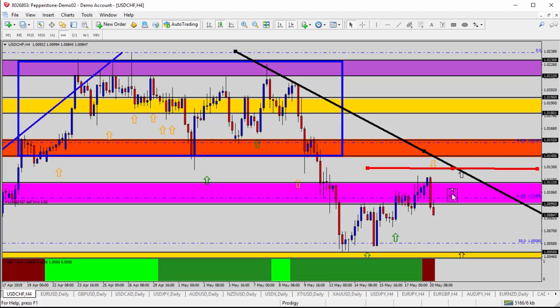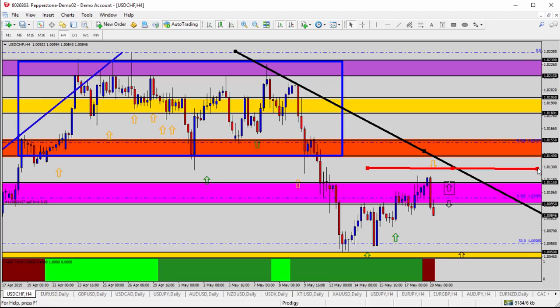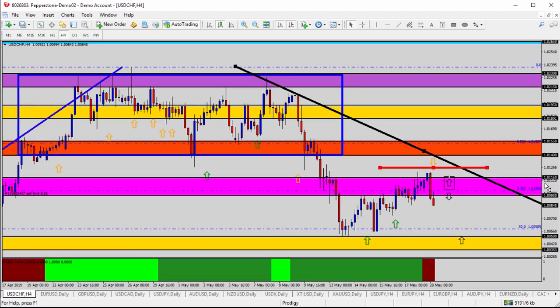So again, we can now confirm that this pink zone is holding as resistance. At this point, we don't want it to get back above the pink zone. Our stop loss would be above the current high, which is the previous 4-hour candle. That's not too hard to see. And our target is going to be back down here towards the yellow zone, 1.0050, for any short trades that we take today on the dollar franc.